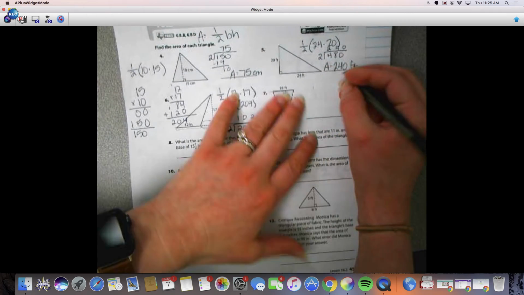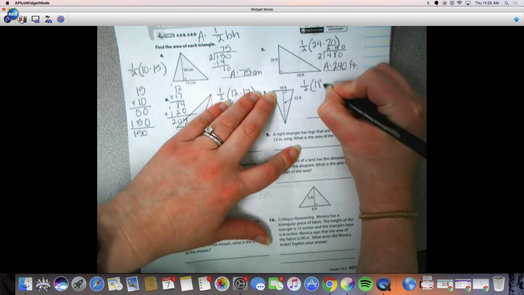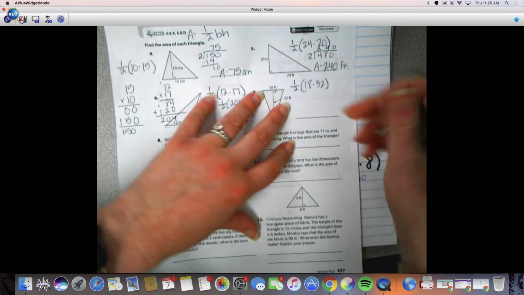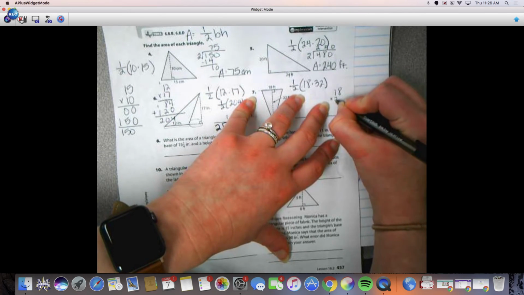So our formula is 1/2 times 18 times 32. So we're going to start by multiplying 18 times 32.